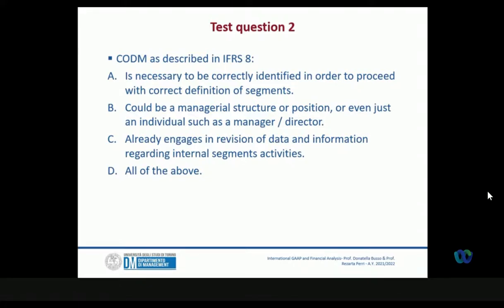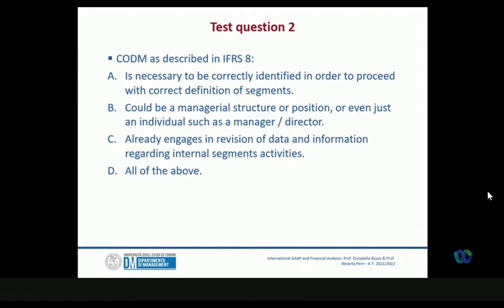It could be a managerial structure or position, or even an individual sometimes. That depends on different jurisdictional and local requirements where the company operates regarding the internal corporate governance roles. It already engages in revision of data and information, so that is a structure that already does this job. It's not a task that we are assigning to him only for the purpose of IFRS 8.